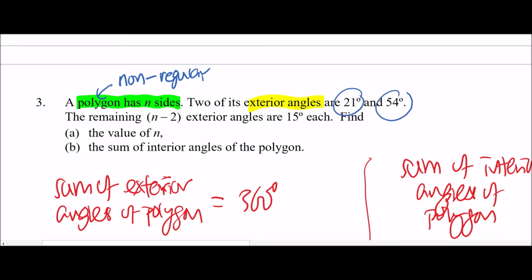So clearly, it is not a regular polygon, because if it were regular, all the exterior angles must be the same. And the remaining exterior angles are 15 degrees each. How many exterior angles are 15 degrees? n minus 2, because there are n exterior angles and you already have these 2. So the remaining is n minus 2. Hence, using this, find the value of n.